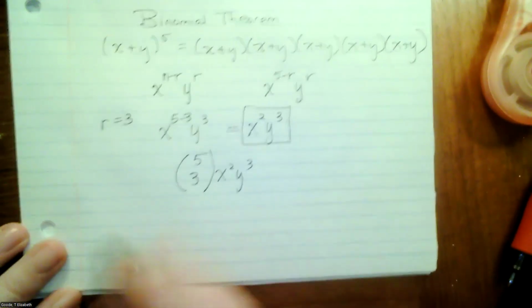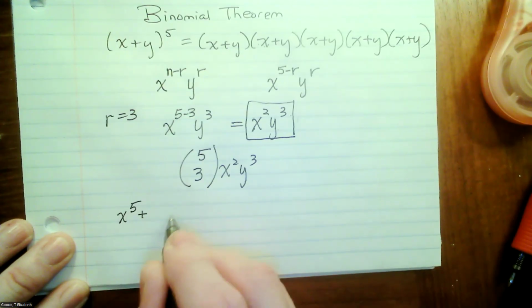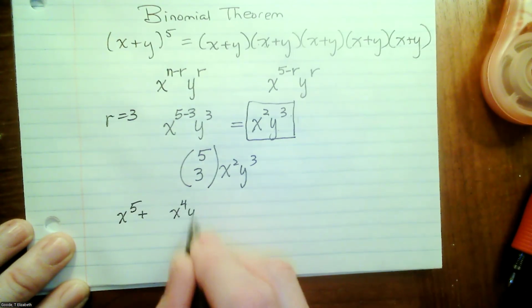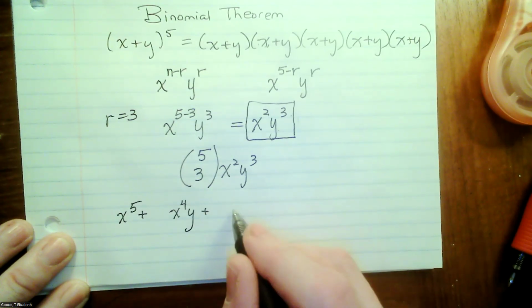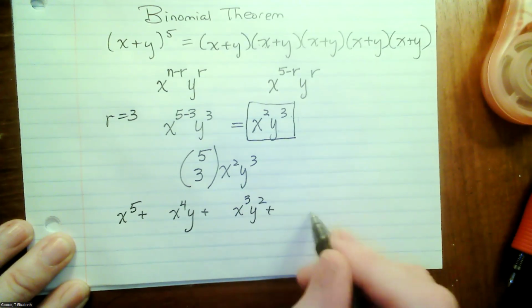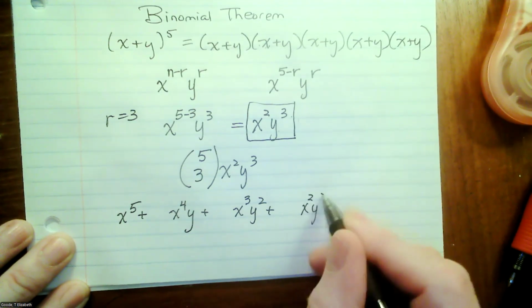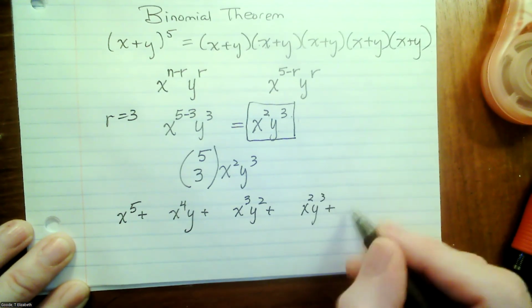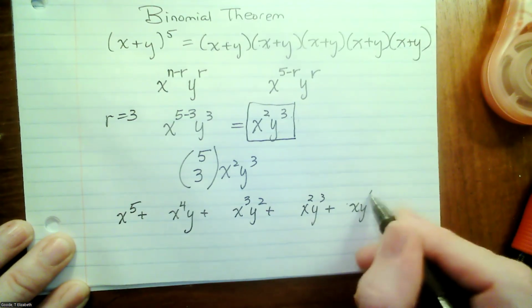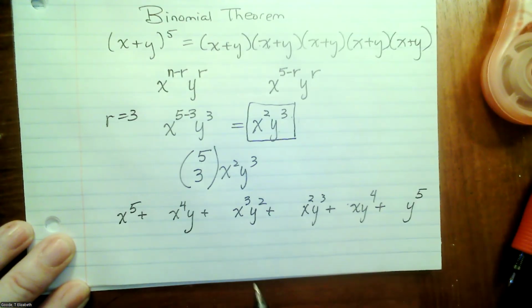So when you think about it, to get x to the 5th plus some number of x to the 4th times y to the 1, plus some number of, say, x to the 3rd y squared, plus, I'm leaving room here, some number of x squared y cubed, plus some number of x y to the 4th, plus some number of y to the 5th terms.